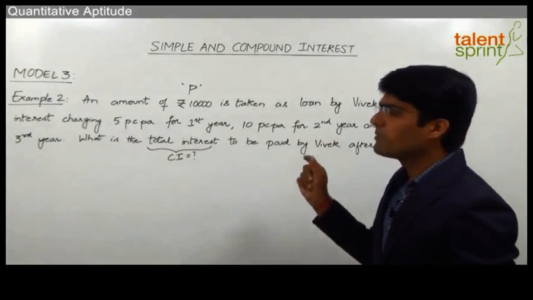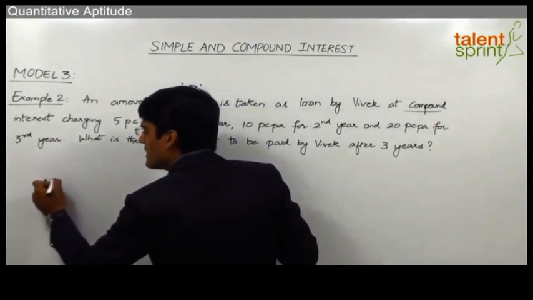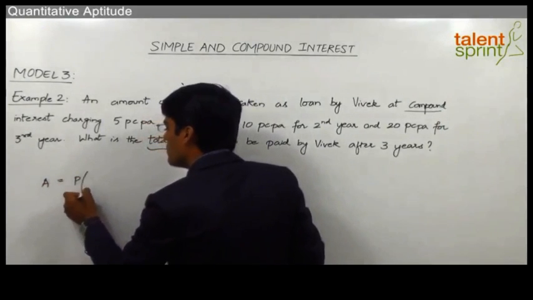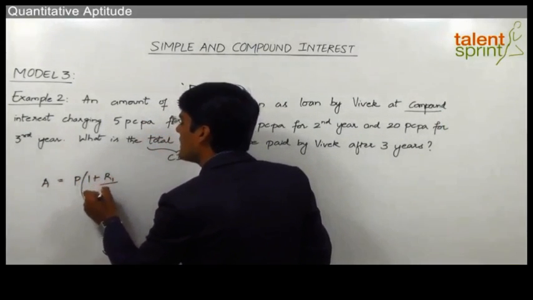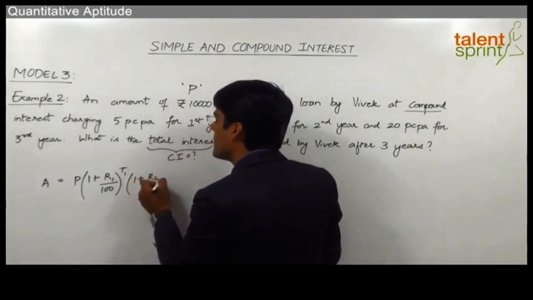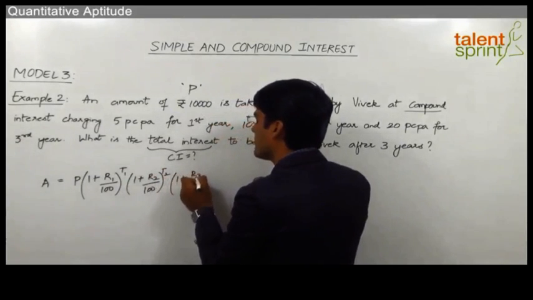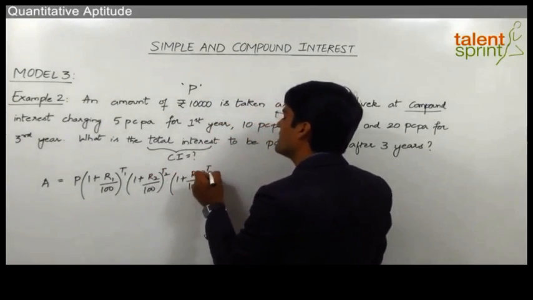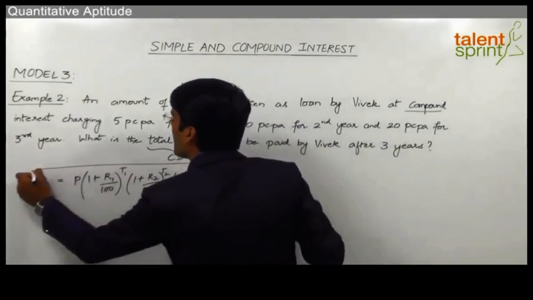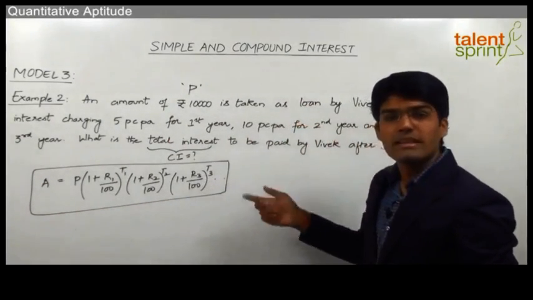Now going by the formula for varying rates of interest, the total amount can be calculated as P into (1 plus R1 by 100) whole power T1, into (1 plus R2 by 100) whole power T2, into (1 plus R3 by 100) whole power T3, and so on. So this is how we can find out the total amount for varying rates of interest.